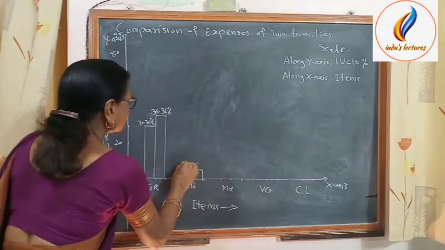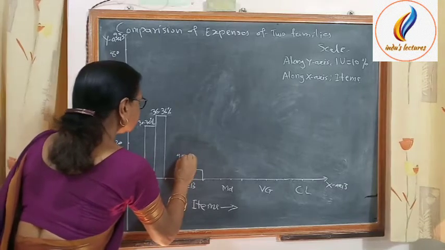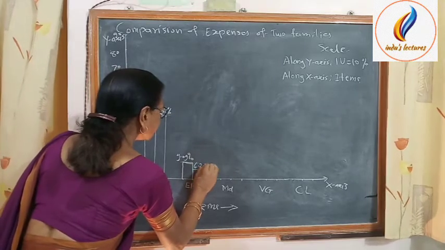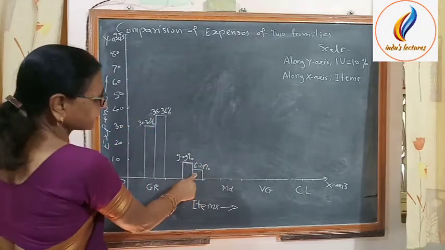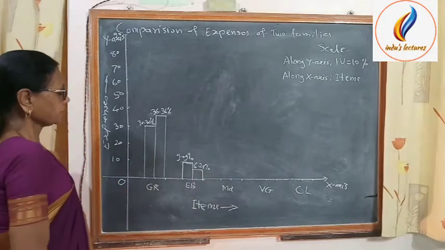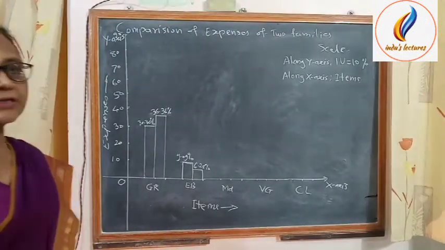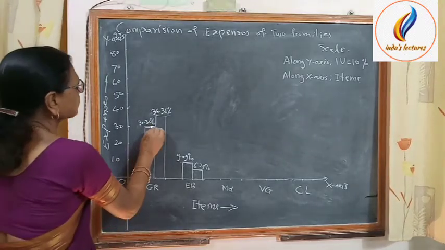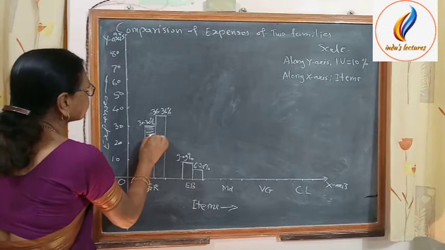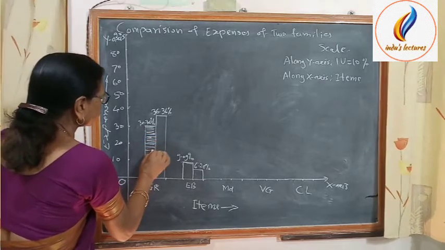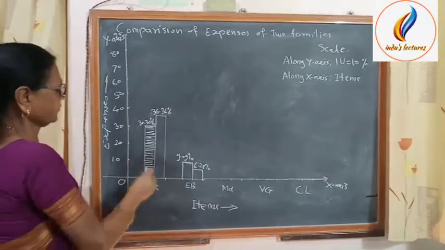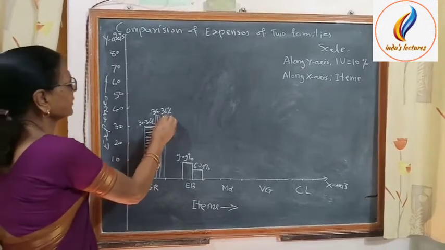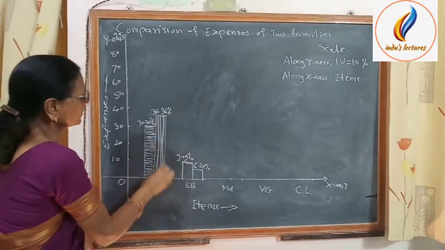So we will show 9.09% here and 6.25% here. This is the expense for the second family. Now we can use a design also here. For the first family we can use horizontal lines, and for the second family we can use vertical lines.